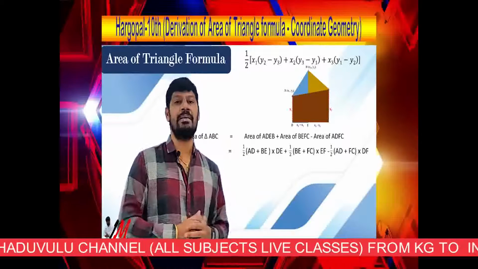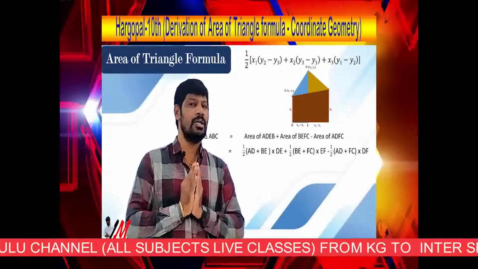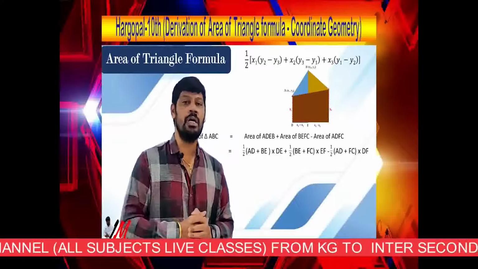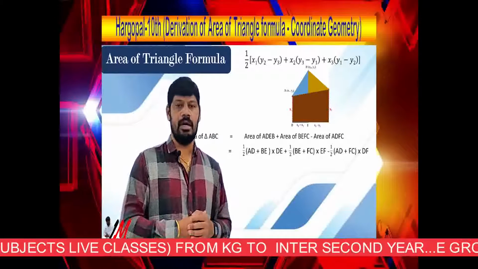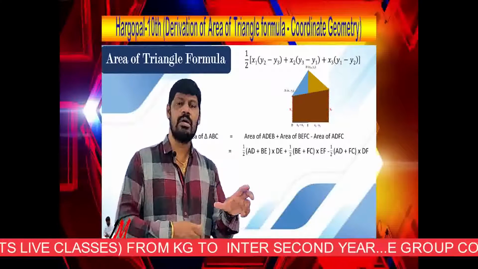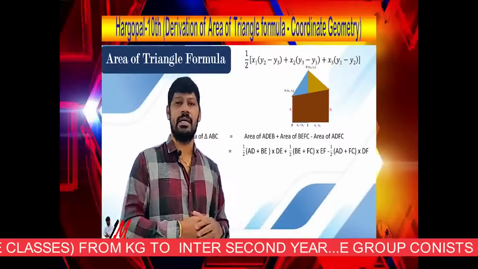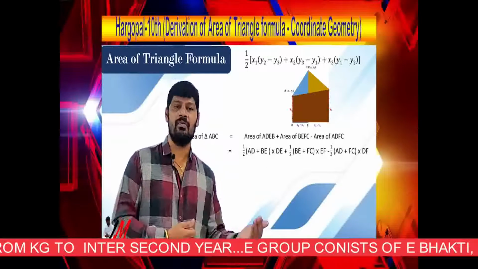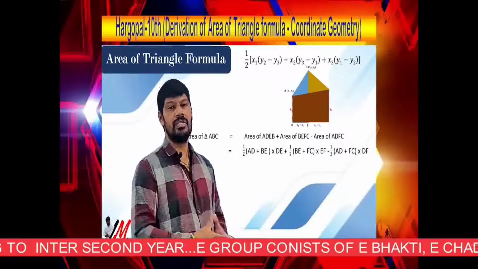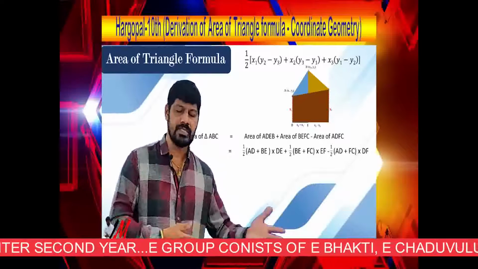AD and BE will be the parallel sides, and without giving explanation, I am leaving it to you. DE is going to be the height of this trapezium. How? You are supposed to rotate the diagram or rotate the trapezium. You can understand which are the parallel sides and which is the height.